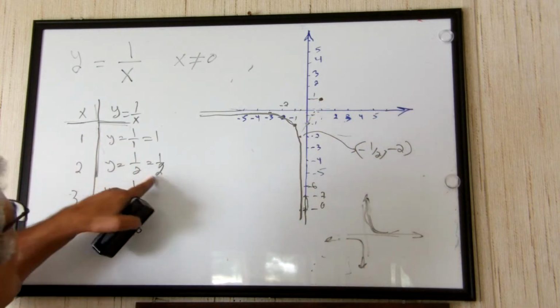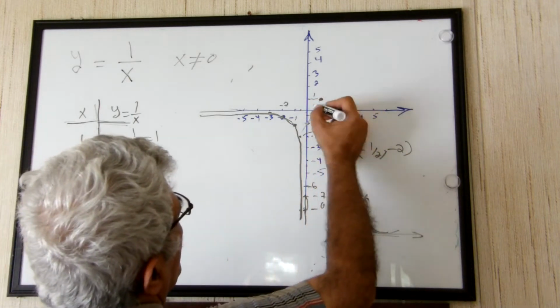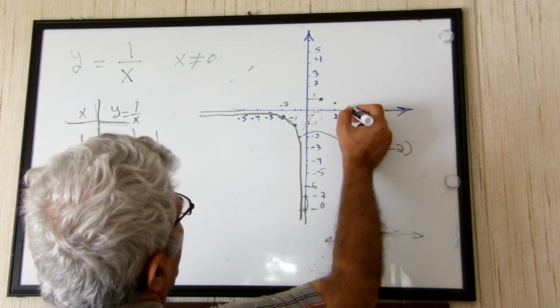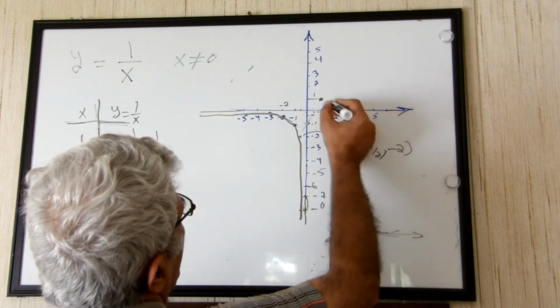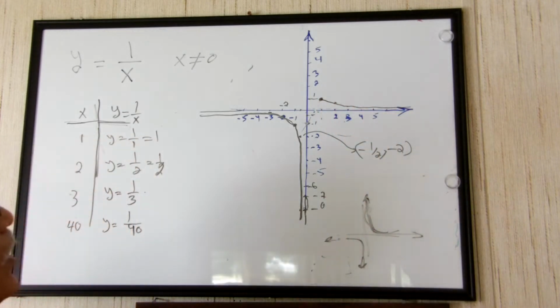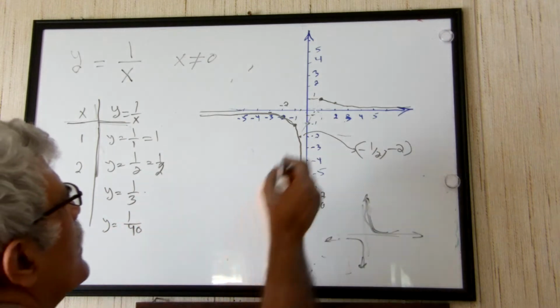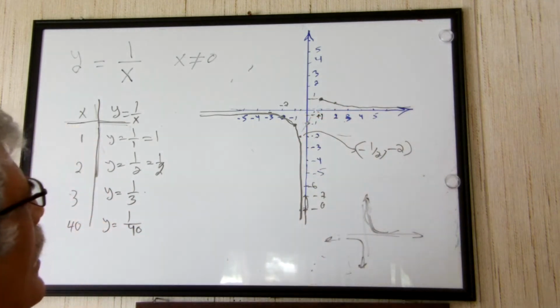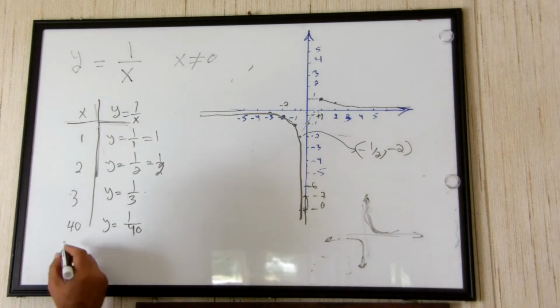And then x is going to be 2. It is going to be half of this. And then x is 3, 1/3 of this. And we know that it's going to go this way. How about at the other side, this is 1 point, plus 1. This is 1 over 2.